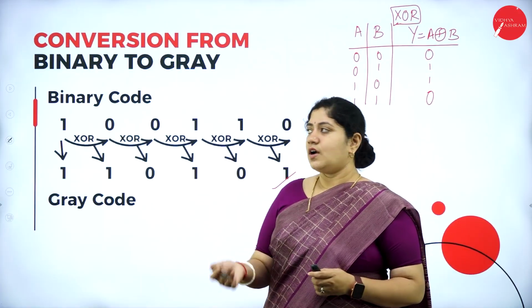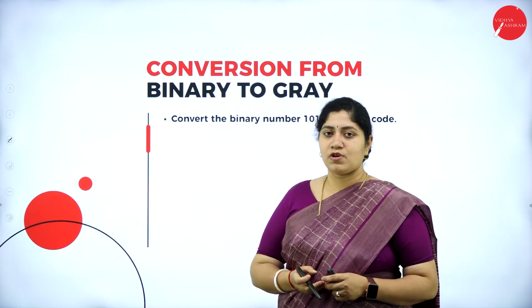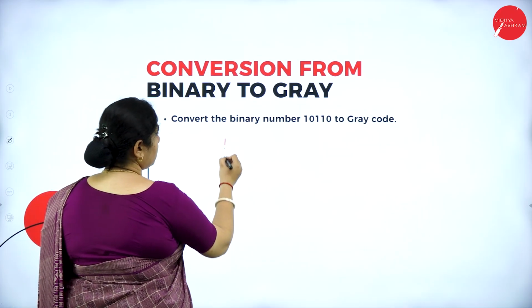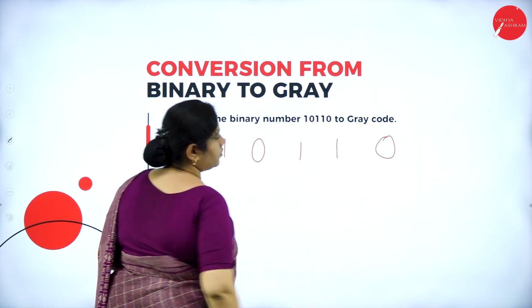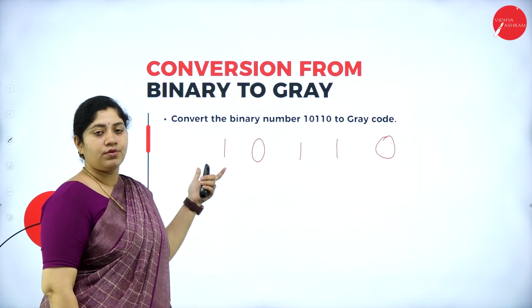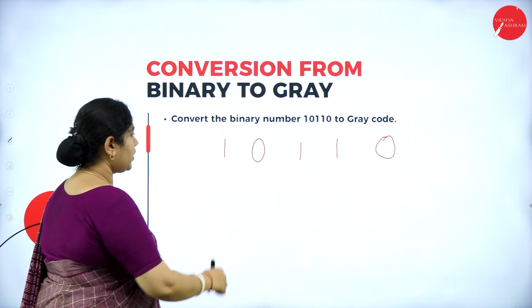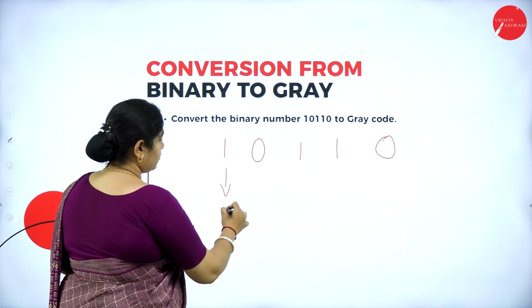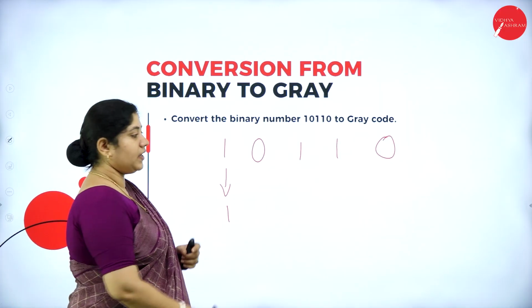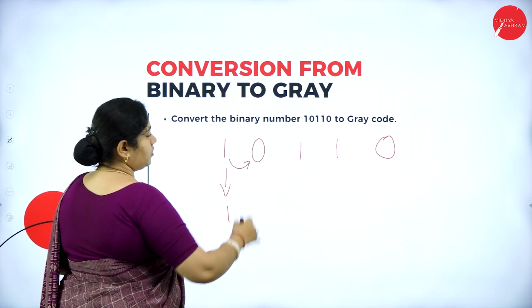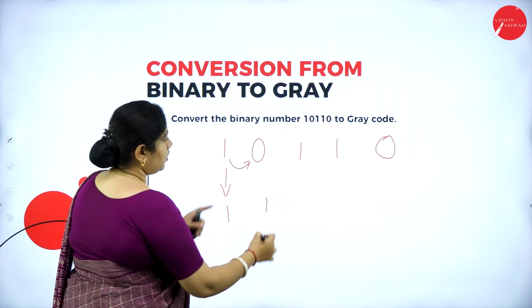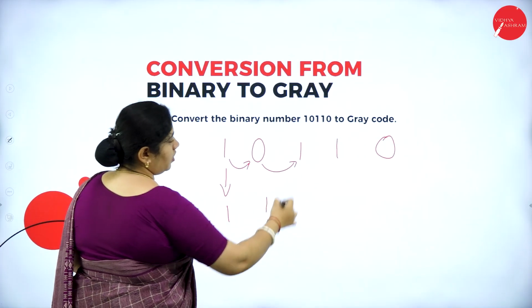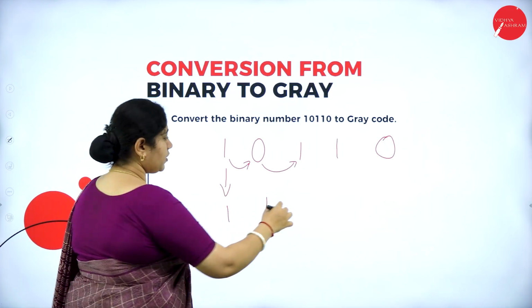Clear? Up next, let's solve an example over here. Let's write it 1 0 1 1 0. All right. Now what I have to do with MSB bit, I have to retain it as it is. So let's retain it 1. Up next, I have to go on XORing. 1 XOR 0, inputs are different, so I'll be getting 1. Next, 0 XOR 1, and inputs are different, so I'll be getting 1.